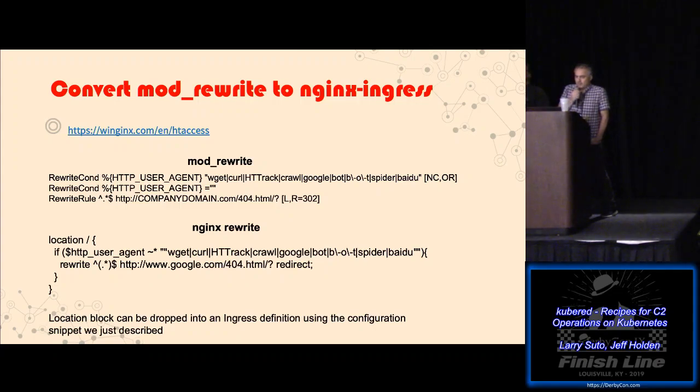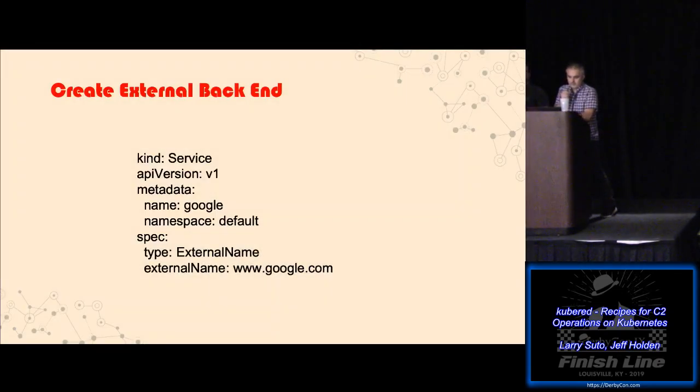If you have some experience with mod_rewrite, there are a lot of examples out there on using mod_rewrite to create filtering and redirection. You can convert it to Nginx rewrite and then drop that into your Ingress manifest, and then you can basically reuse stuff.